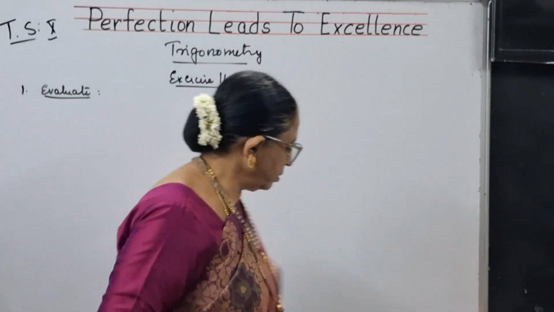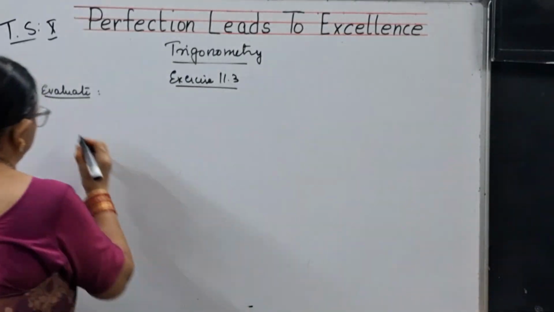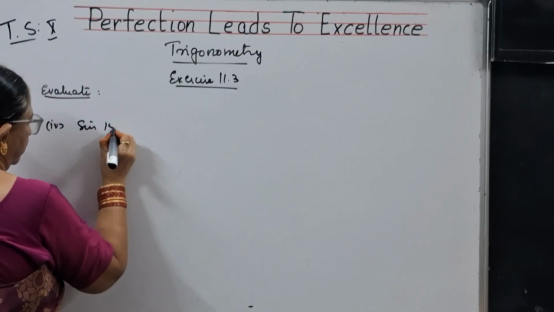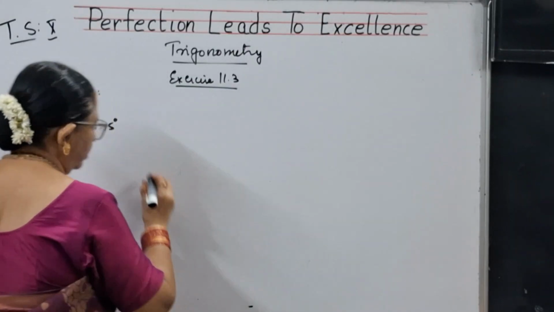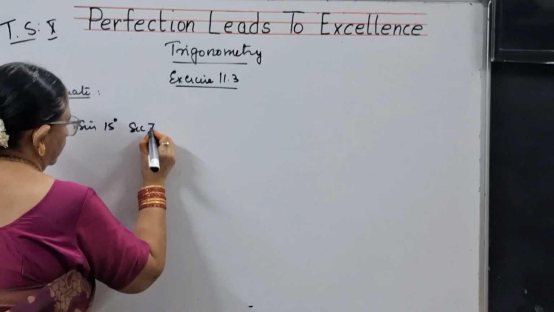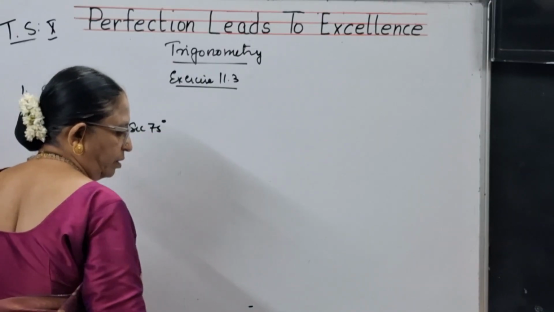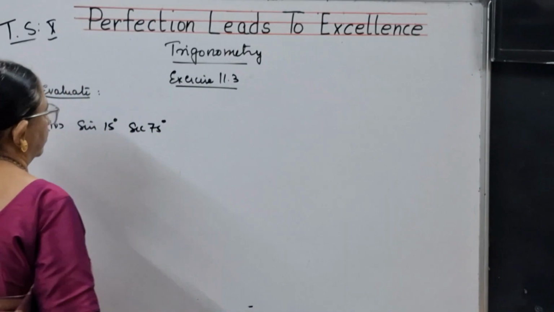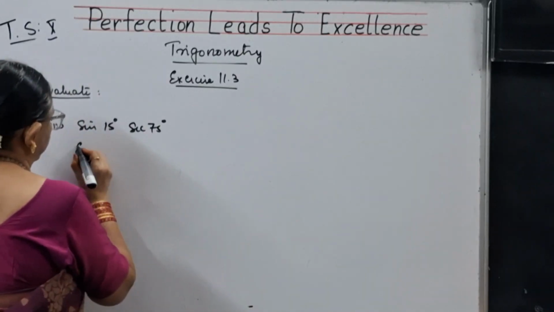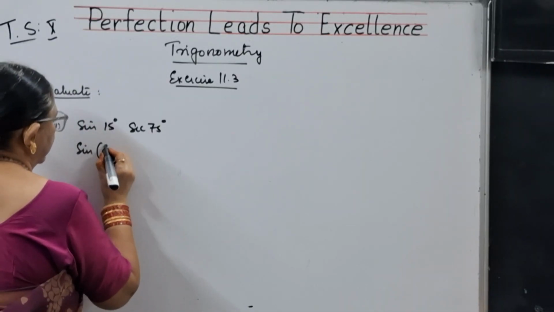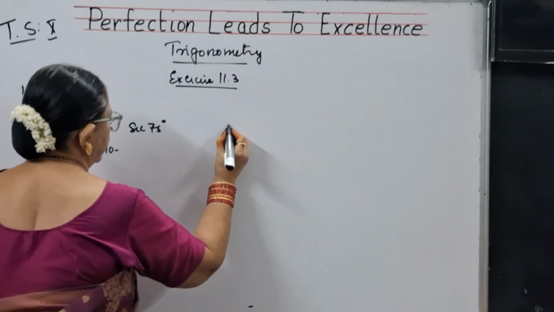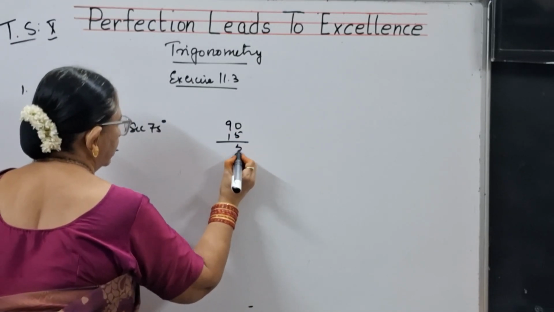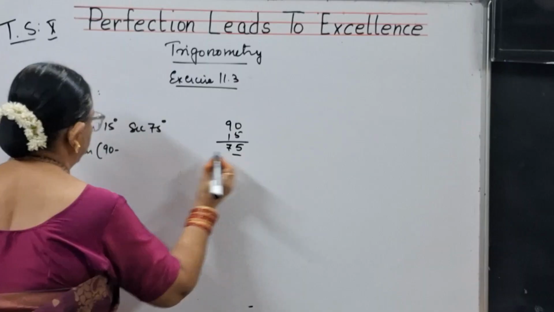Now fourth bit, sine 15 degrees into secant 75 degrees. So sine 15 degrees can be written as sine 90 minus. So from 90, if you subtract 15, how much you are getting? 7 here, 5 here.